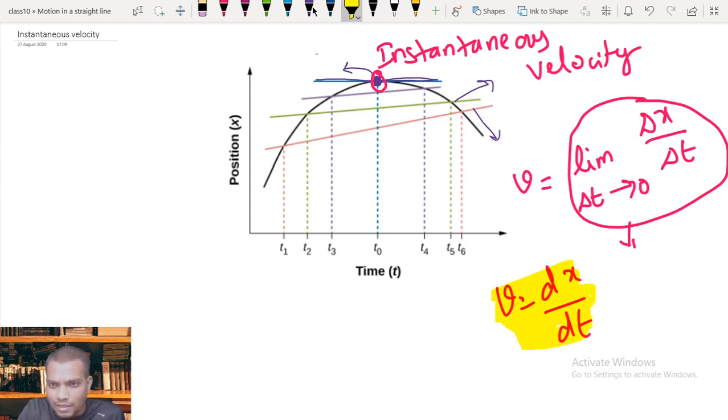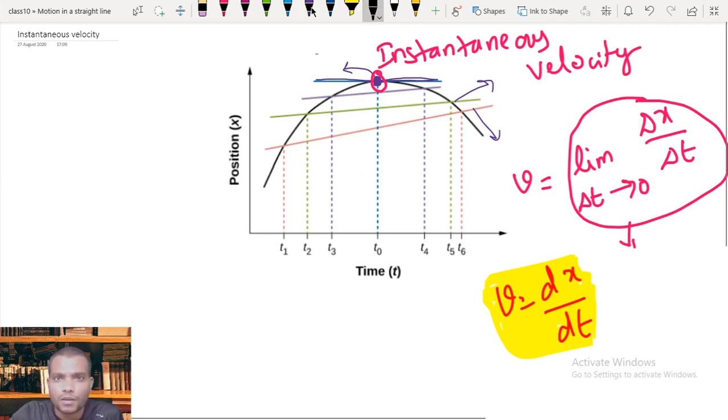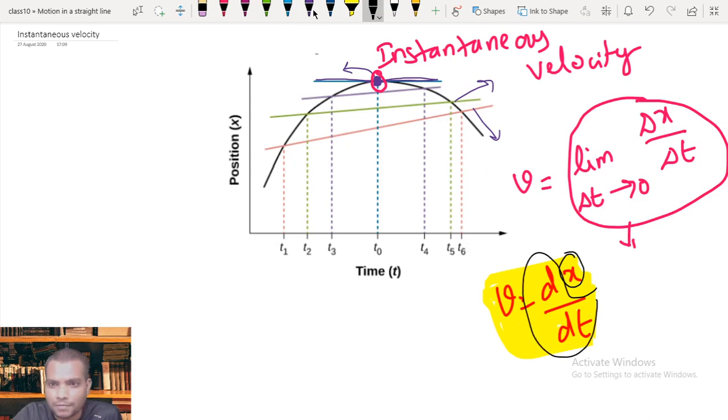So how can we read this? This is nothing but the rate of change of position. x means position, and rate of change means d by dt.